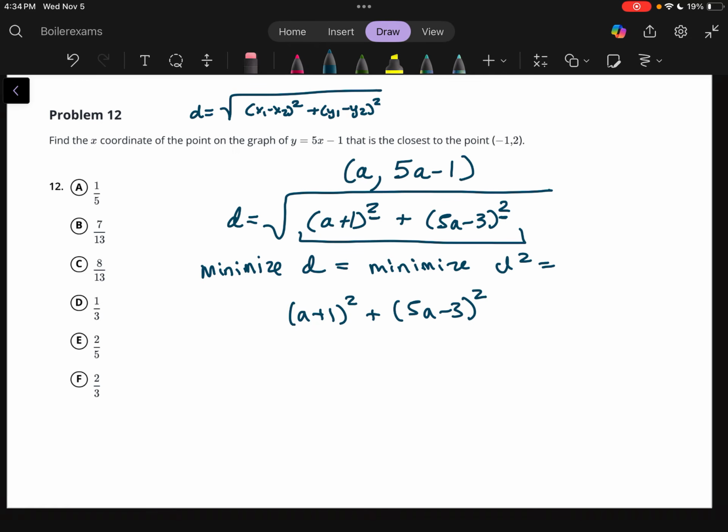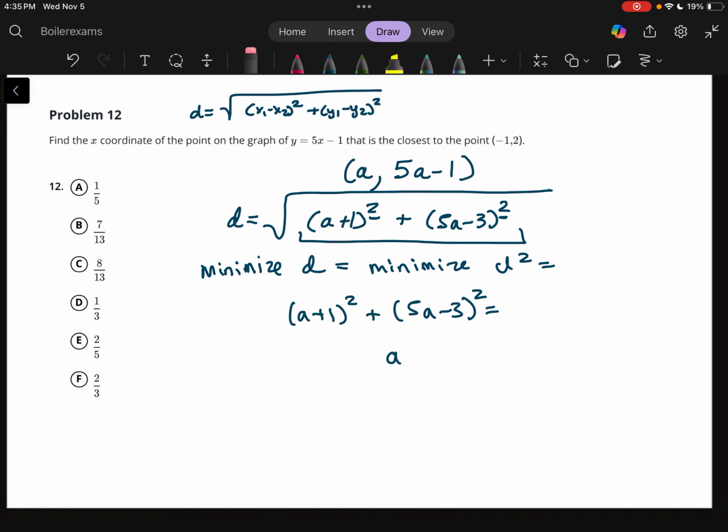So, what I'm going to do next is expand all this out. I'm trying to do this in my head, but maybe it's better to write it all out.